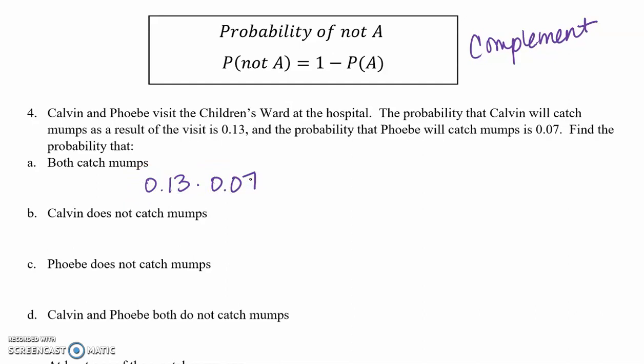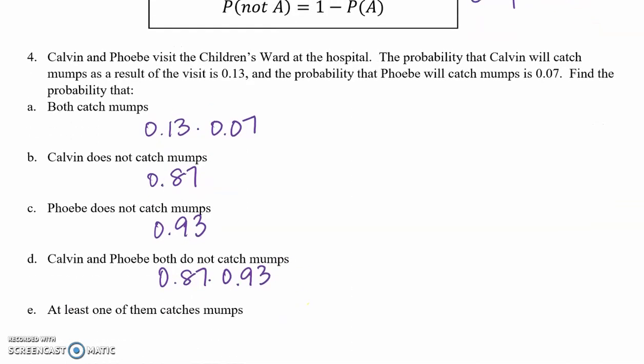Calvin does not catch mumps will be the complement. So 1 minus 0.13 is 0.87, and Phoebe does not catch mumps is the complement, so 0.93. Calvin and Phoebe both do not catch mumps multiplies both of their probabilities, and at least one of them catches mumps is 1 minus the probability of neither of them getting mumps.